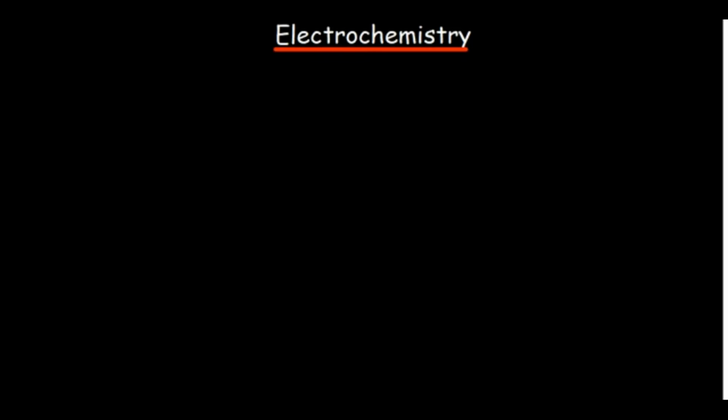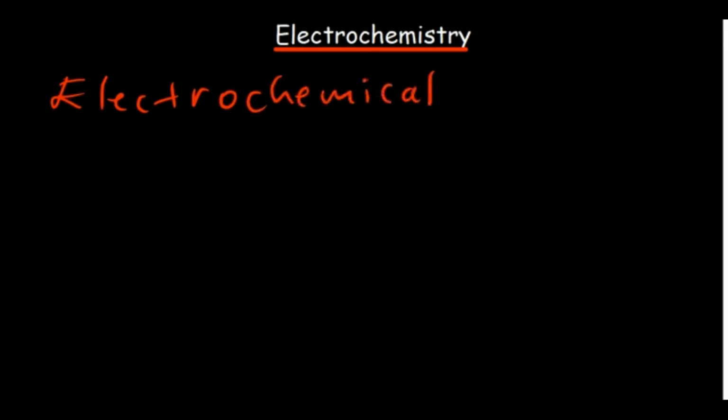We have what we call electrochemical reactions under electrochemistry. We can define an electrochemical reaction as any reaction that involves the transfer of electrons from one reactant to the other.